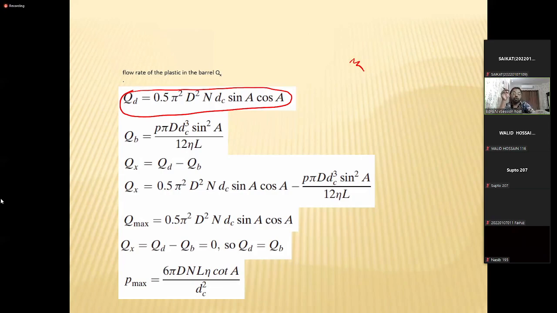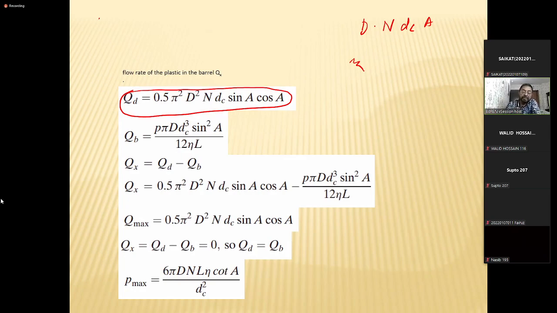This direct flow depends upon the barrel diameter, the RPM of the screw, the channel depth, and the flight angle. This is our direct flow formula; we can reduce it, but we are not going to. We shall directly see that formula.